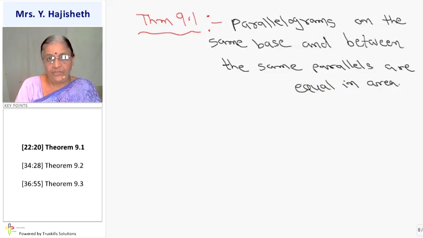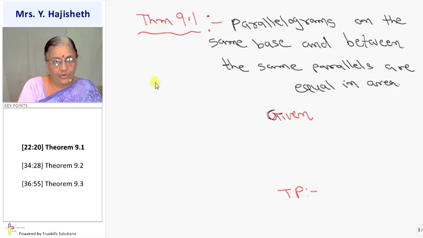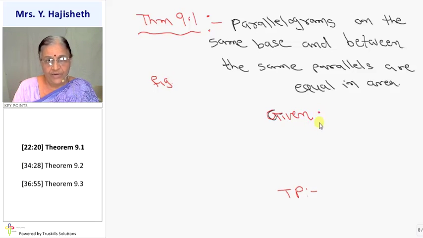For a theorem, as you know, first we should write down what is given. Okay? So first you write down your given data. Then you write down what is to prove. And here you have to draw a figure. Clear? What is your given data? Tell me.